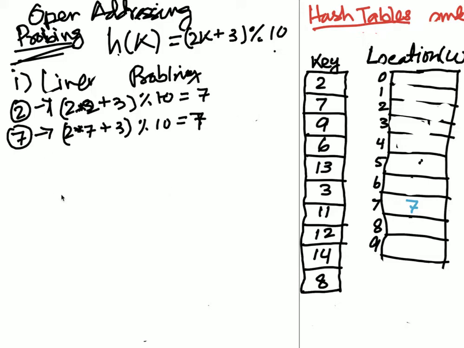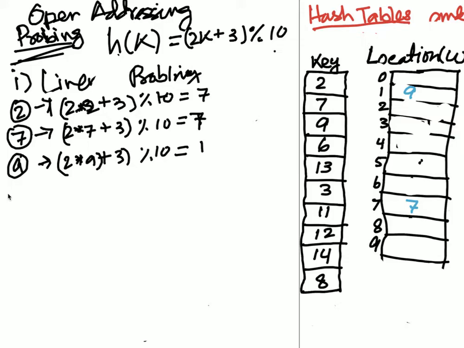So let us see some other values. For instance, 9: 2 times 9 equals 18, plus 3 equals 21, modulus 10 equals 1. So 9 will come at position 1 over here, right?